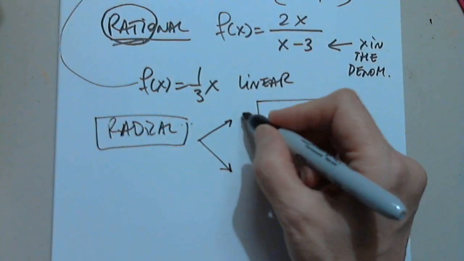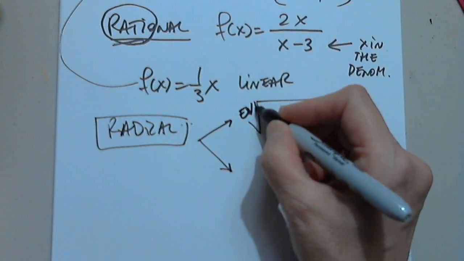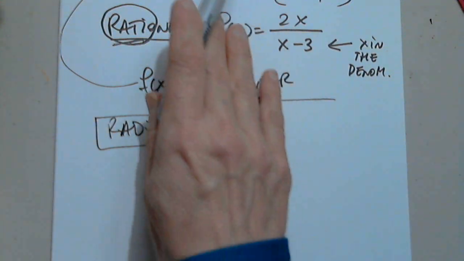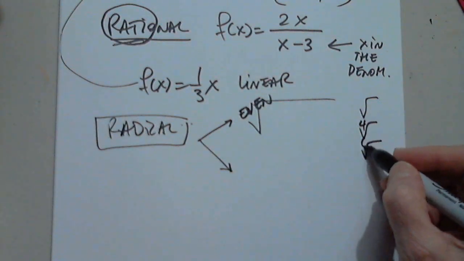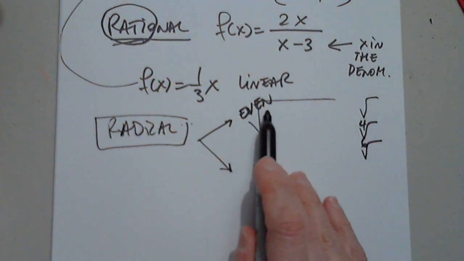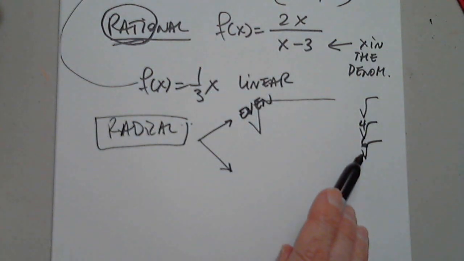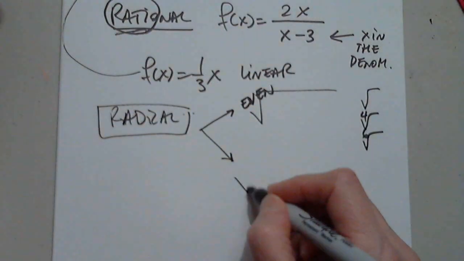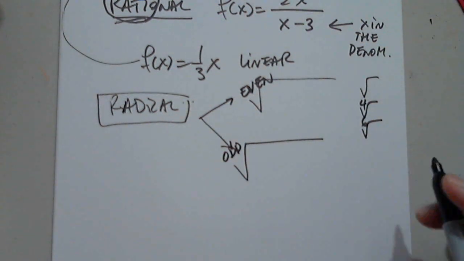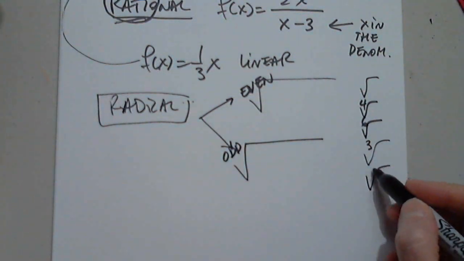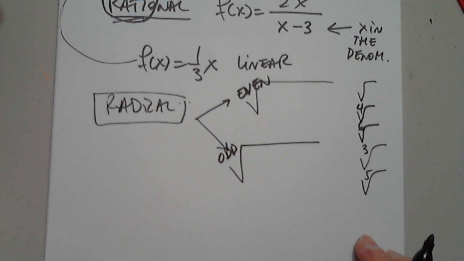One has even indices, like the square root, the fourth root, or the sixth root. All these have even indices: 2, 4, 6. Another category is when they have odd indices, like the cube root, the fifth root, and so on and so forth.